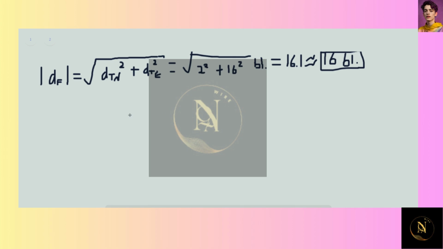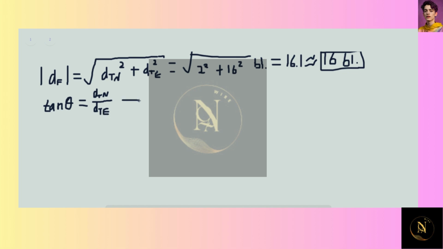Okay. Now, not only do we want to know direction, we want to know the angle of that direction relative to the origin. So that means we're going to need to find theta. So if we use our trigonometric identities, tangent of theta is going to be the opposite over the adjacent, which is the opposite is d t n. The adjacent is d t e. So the total in the north divided by the total in the east.